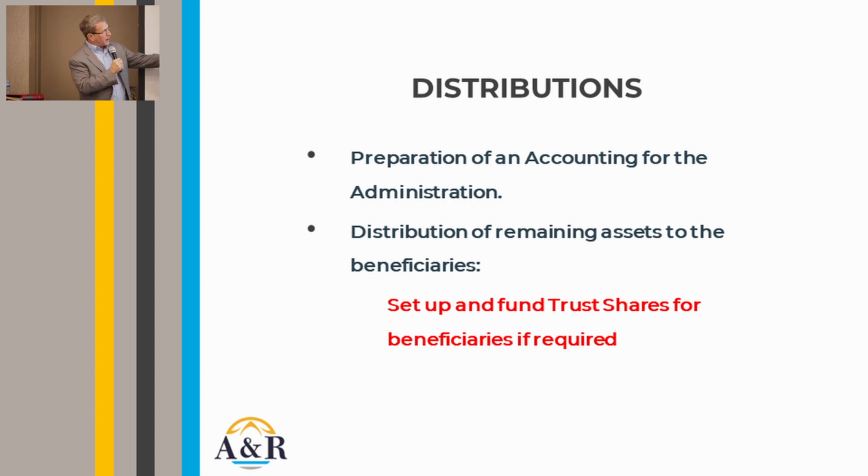Other times we may set up a separate trust share for the beneficiaries. Now, if this can be done once at the end of the process, it usually makes us very happy and sometimes the trustee very happy. But occasionally the beneficiaries will have a financial need that can't wait. And then we can do an interim distribution for the benefit of those beneficiaries.